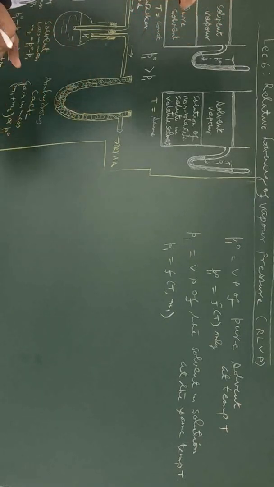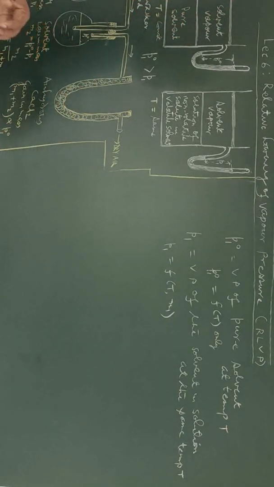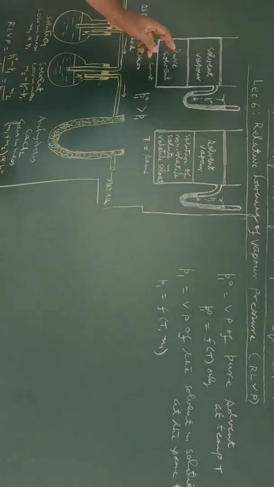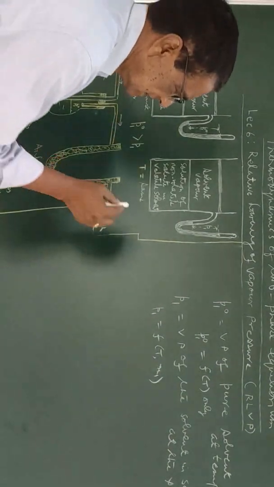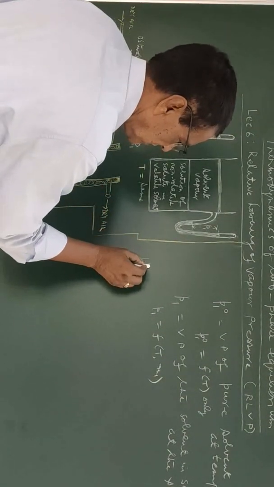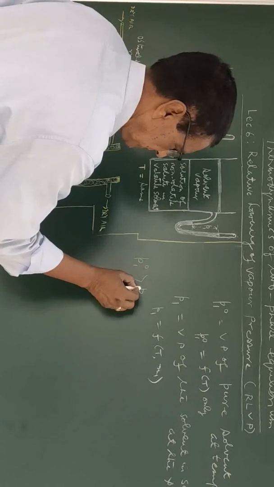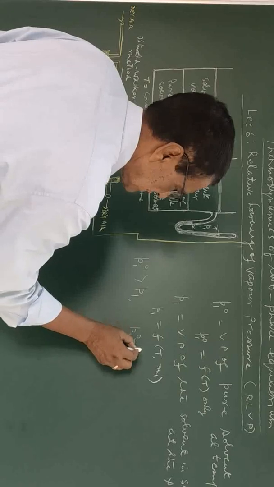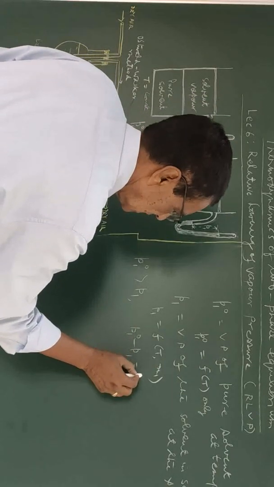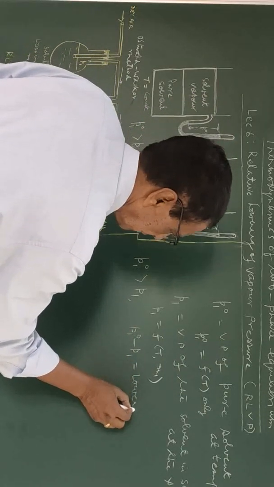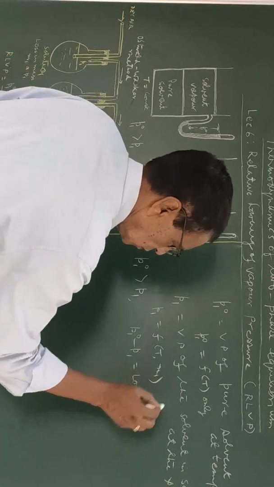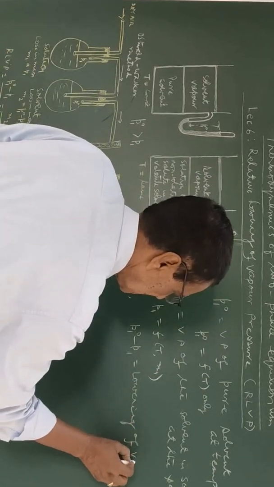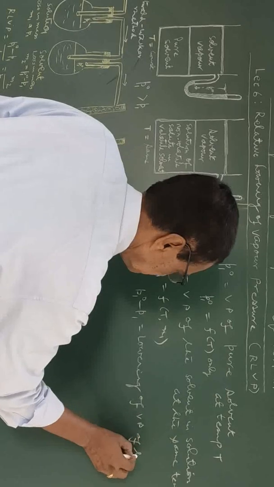So it is already known to us, and I can also show by means of this diagram that P1 naught is greater than P1, and P1 naught minus P1 is called the lowering of vapor pressure of the solution.